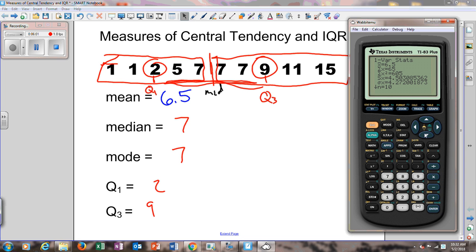If we scroll down, we get Q1 is 2. The median is 7. Q3 is 9. Tells you that the min is 1 and the max is 15. And so it gives you all the data that you really need. All you have to know is how to push the buttons.